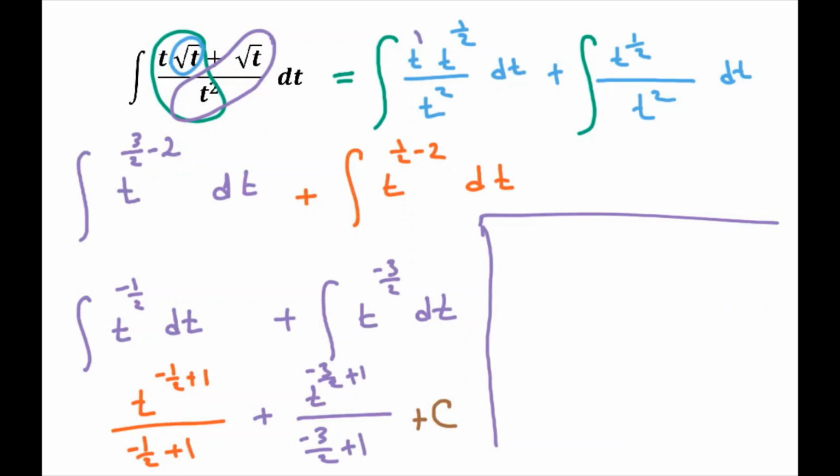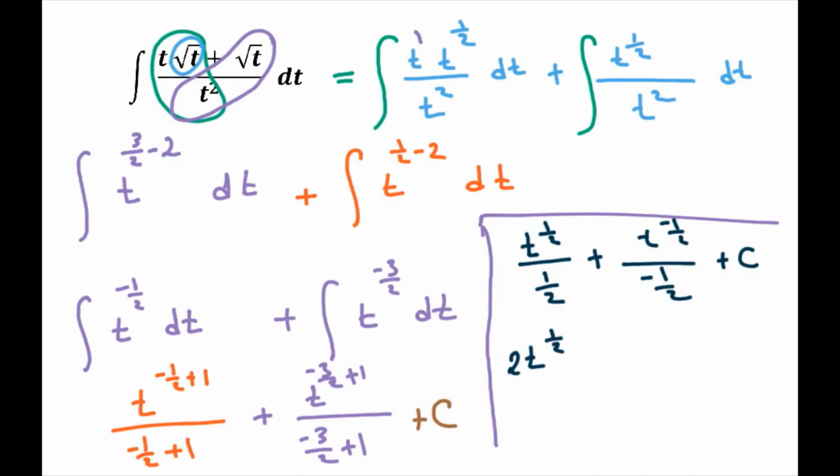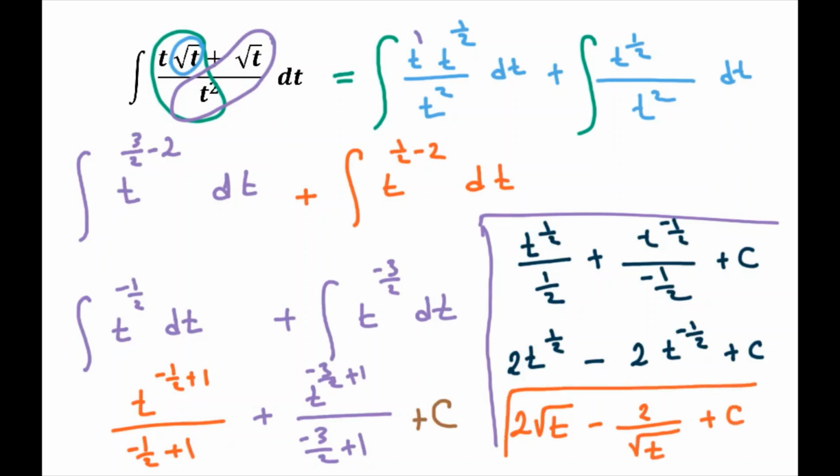So that's going to be equal to t to the power of 1/2 over 1/2 plus t to the power of negative 1/2 over negative 1/2 plus c. Finally, it will be 2t to the power of 1/2 minus 2t to the power of negative 1/2 plus c. Again, it will be 2 square root of t minus 2 over square root of t plus c. That's your final answer.